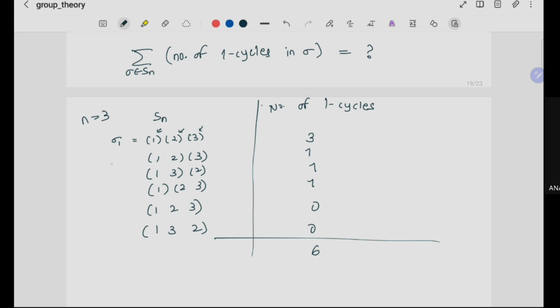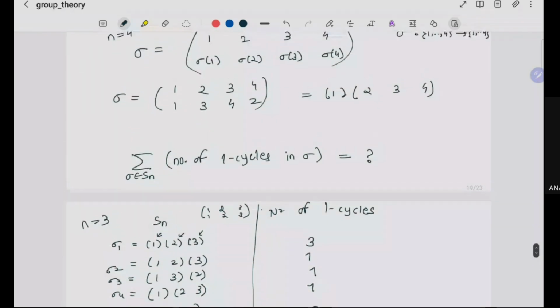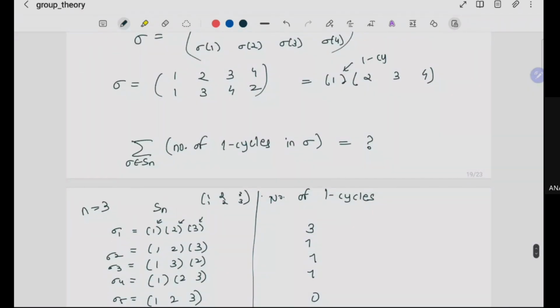I mean, we are counting the number of 1 cycles. So this is sigma 1, this is sigma 2, sigma 3, sigma 4, sigma 5, and sigma 6, right? This is our identity where everything is fixed, so we write it as cycles 1, 2, and 3. So this is my 1 cycle, this is my 3 cycle. A 2 cycle is nothing but a transposition.